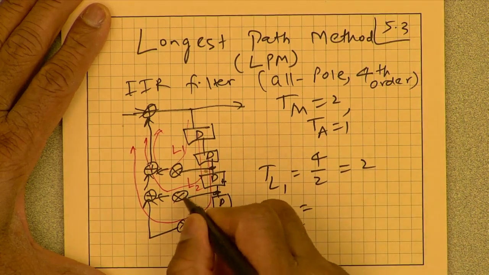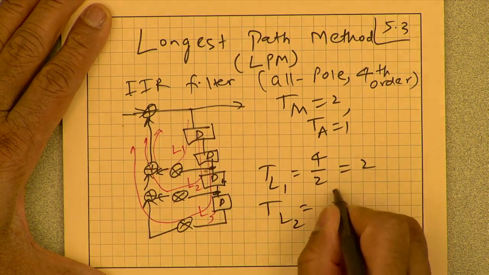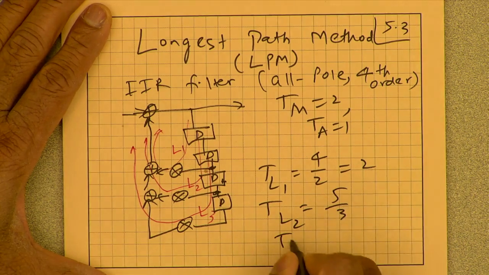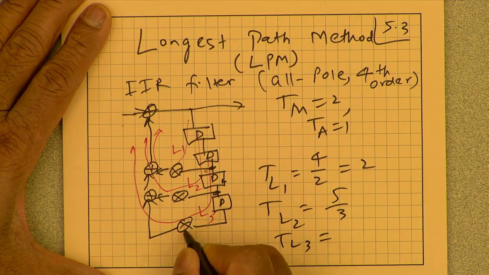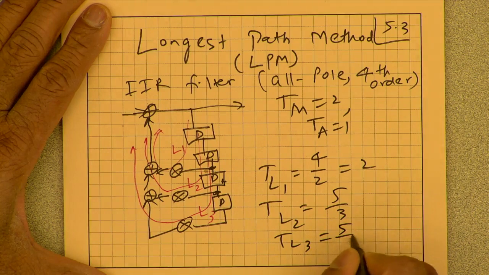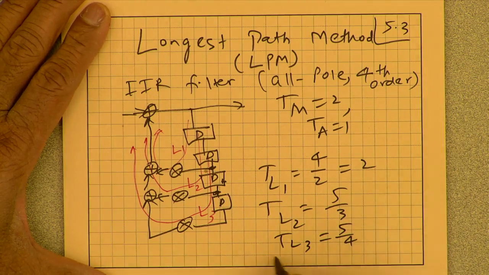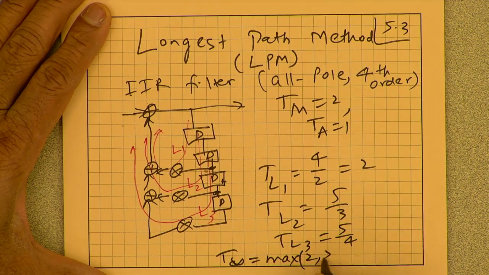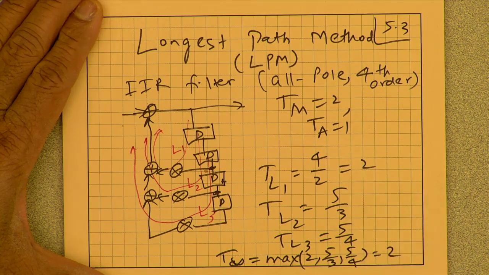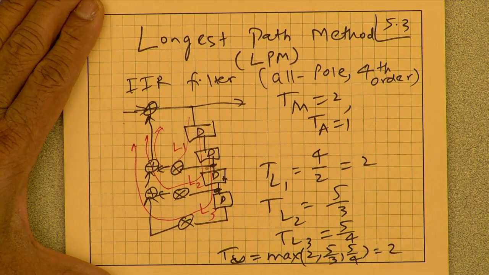TL2 is 2 plus 3, 5 by 3. TL3 is 5 by 4. The iteration period bound is the max of 2, 1.666 and 1.25, which is 2. So 2 units of time is the iteration period bound, and the inner loop is called the critical loop.